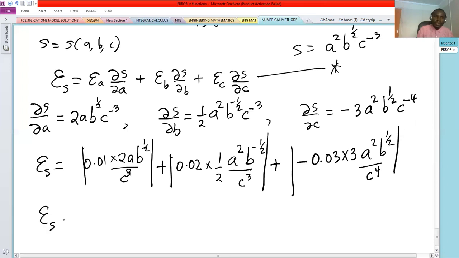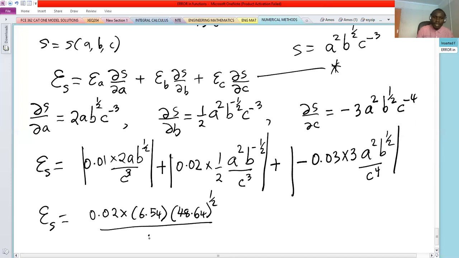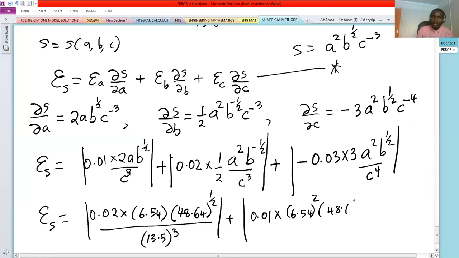So that error in S will be given by, so this will be 0.02 times A is 6.54 and then B is 48.64 raised to a half divided by C is 13.5 power 3, and then plus this other term, so this will be 0.01 times A, which is 6.54 power 2, B is 48.64 power negative a half, divided by C, which is 13.5 power 3.